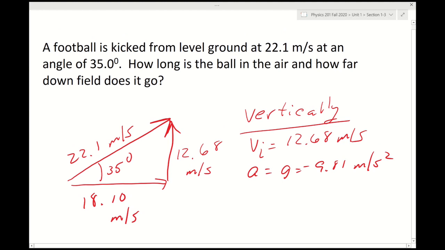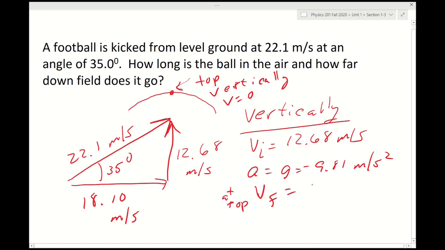The vertical velocity component at the top, vertically, that looks like Vi, vertically, V equals 0. So that's what we're dealing with. So I'm going to say that the Vf at the top is 0 meters per second. I just need to know how long it takes to get up there.